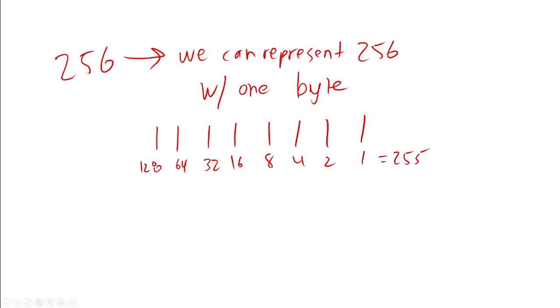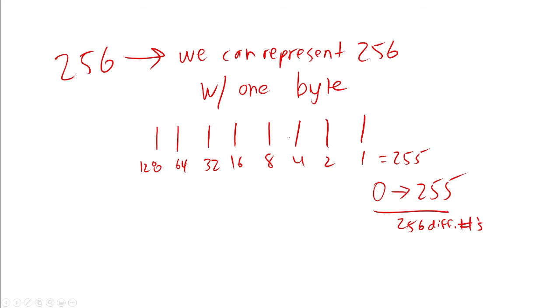Remember that a byte is made up of 8 bits, which are off or on. So I won't go into detail here, but basically, a computer can count on one byte the numbers from 0 to 255. So that's 256 different numbers. And it can do so by setting the value of each bit to either 0 or 1.